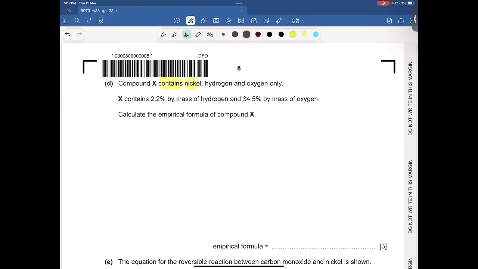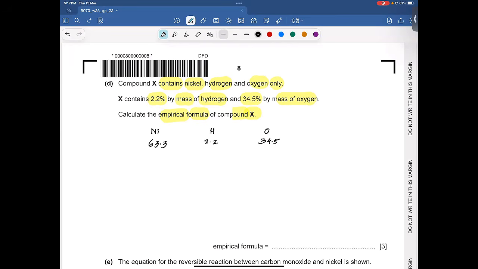Compound X contains nickel, hydrogen, and oxygen only. X contains 2.2% by mass of hydrogen and 34.5% by mass of oxygen. Calculate the empirical formula of compound X. So first of all, we have nickel, hydrogen, and oxygen. Hydrogen is 2.2%, oxygen is 34.5%.